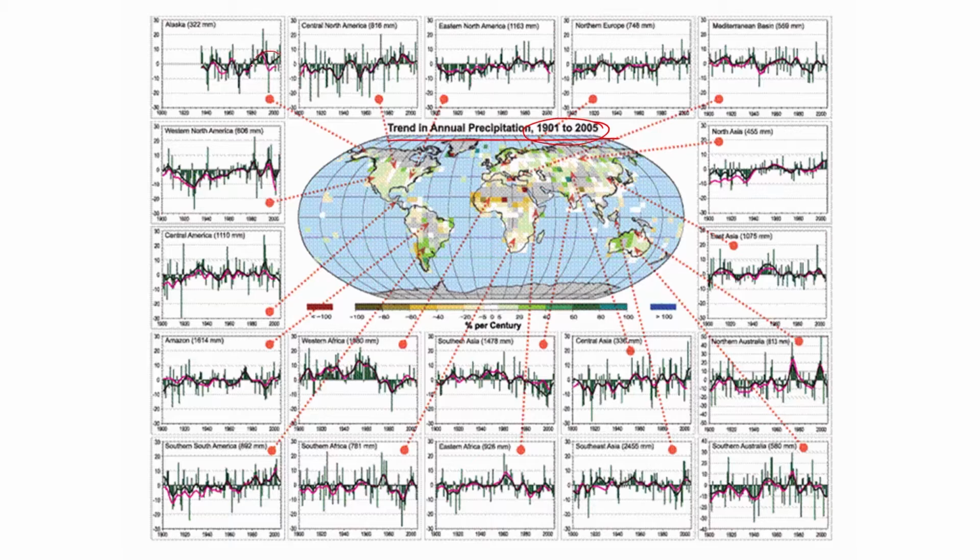But you can see that there are times when here the magenta line is actually on the negative side and the black line is actually on the positive side. So there are many such situations. So here this is going this way and the magenta line has gone this way. So depending on where you are, you can have differences in the observed rainfall itself.